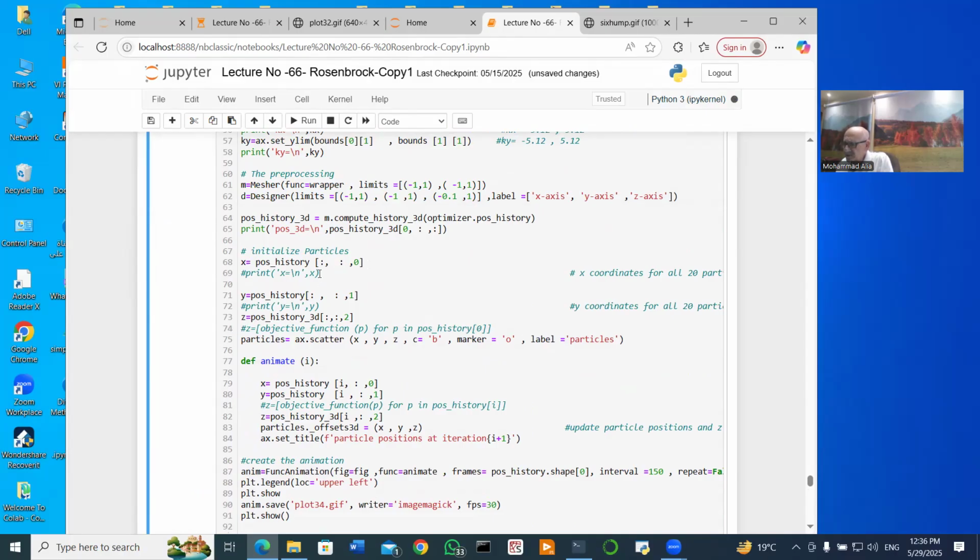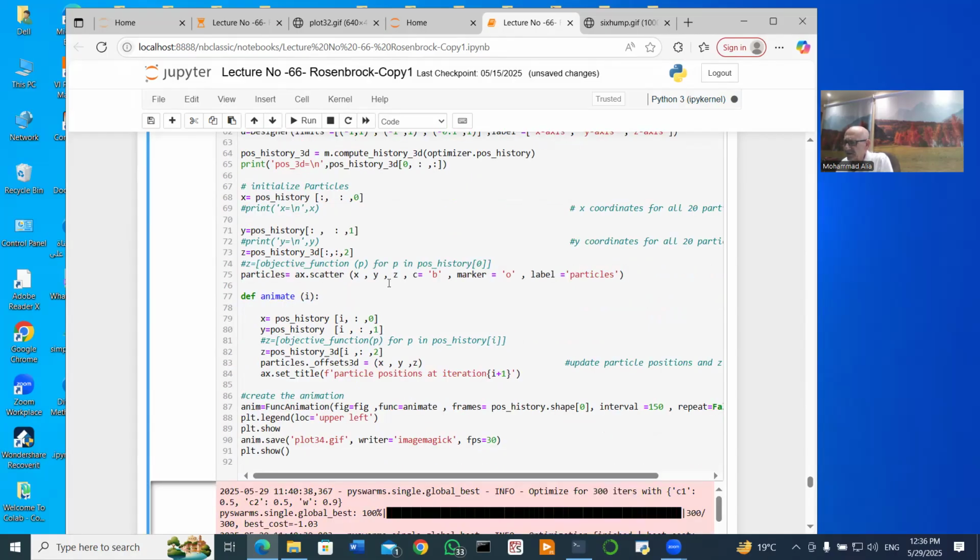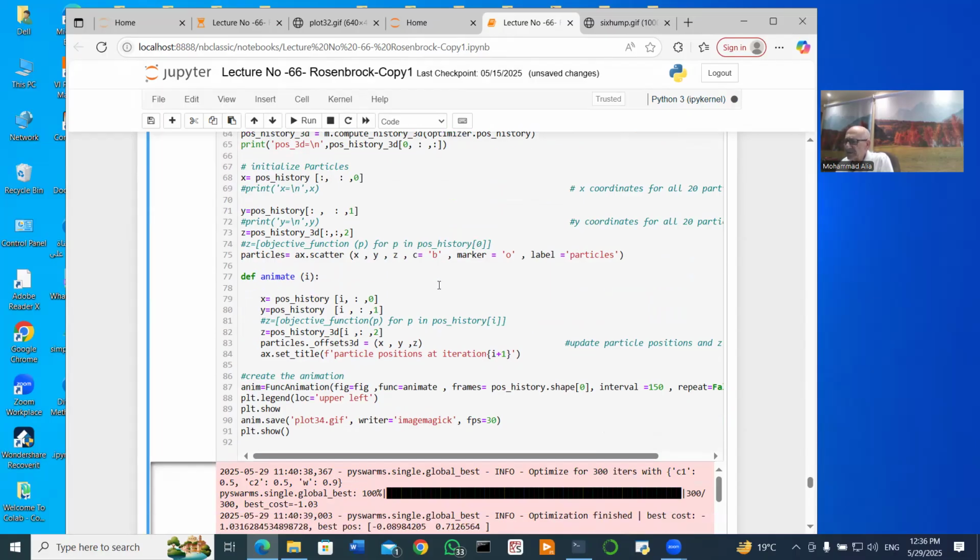So for all iterations, all particles, for X values, this is the index of X, for all particles, for all iterations, all particles for the Y coordinate, for all iterations, all particles for the Z coordinate. Now we have X and Y and Z coordinates. They are in the initial values. And now we want to animate them.